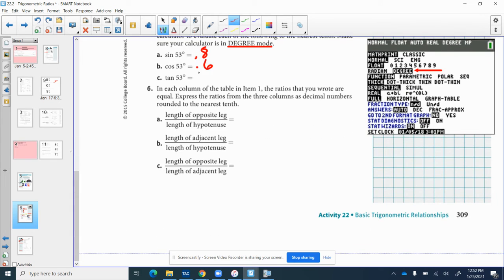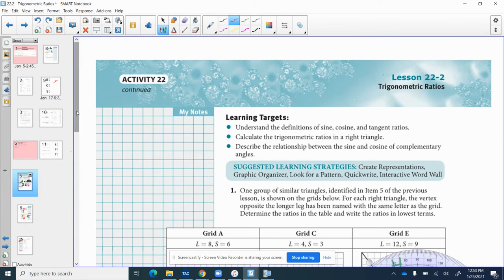We had 0.8, 0.6, 1.3. Well, 4/5 is 0.8, 3/5 is 0.6, and 4/3 was the 1.3. So our calculator actually has these trig ratios stored in it for that setup. So we're able to find those values using our calculator since all three of our triangles reduce to be that same measure.